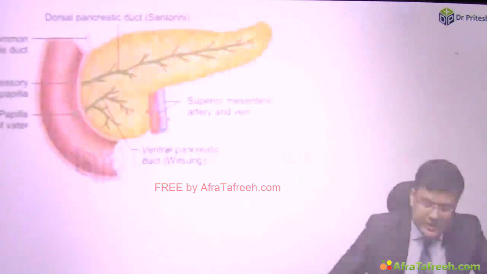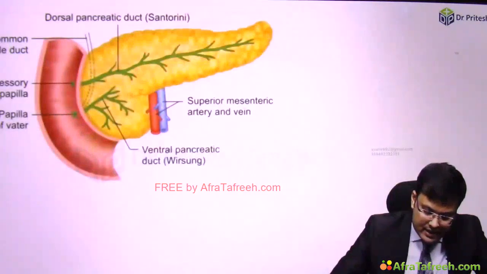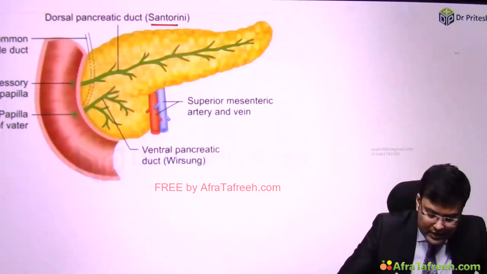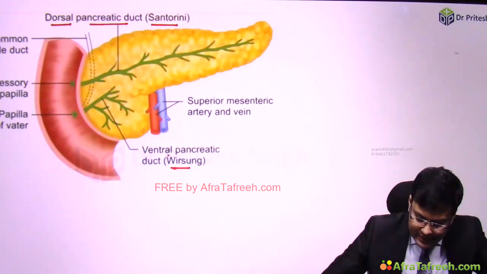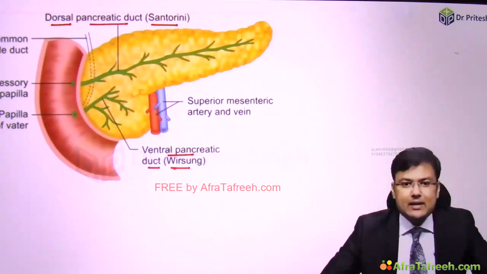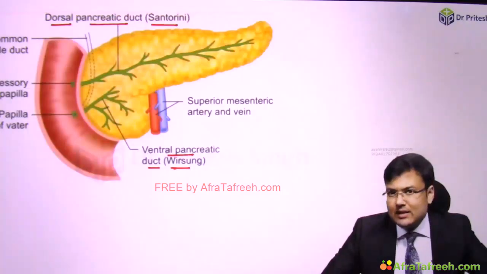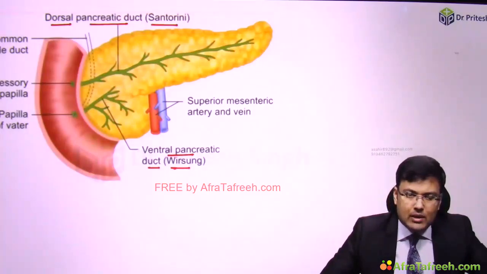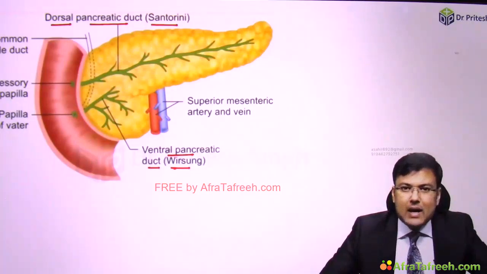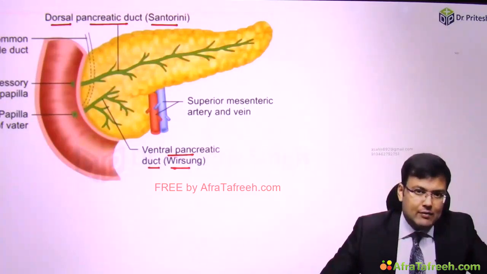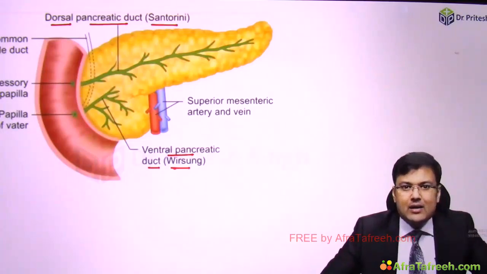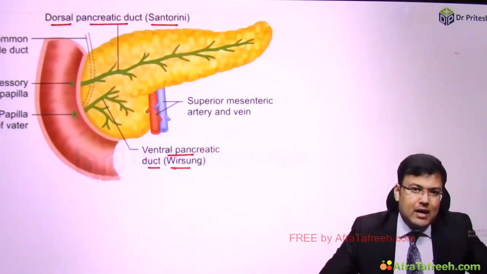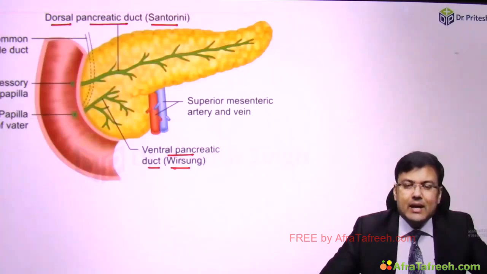Now see, in this case, there is duct of Santorini, that is dorsal pancreatic duct, and there is duct of Wirsung, that is known as ventral pancreatic duct, and both of these ducts are separate. It's abnormal. So here what happens, the part of pancreas which is developed from dorsal bud is drained by duct of Santorini, and the part of pancreas which is developed from ventral bud is being drained by the duct of Wirsung.